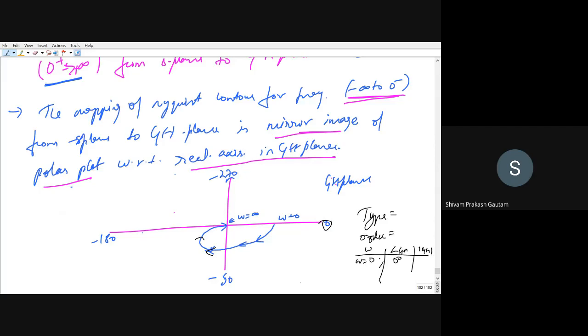The phase at omega equal to 0 is 0, and you are having finite magnitude. Magnitude is not infinite because this magnitude is finite. You can measure it from here to here. This is finite magnitude. What is the phase at omega equal to infinity? When omega is equal to infinity, what is the phase you see?